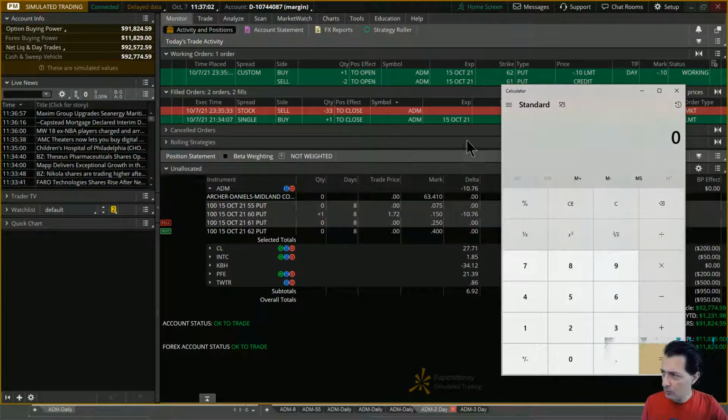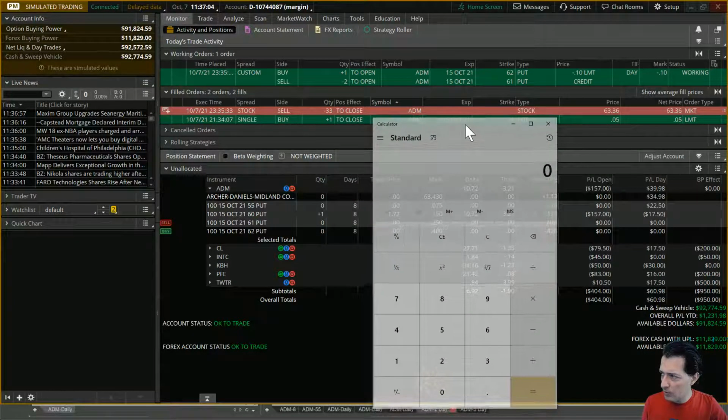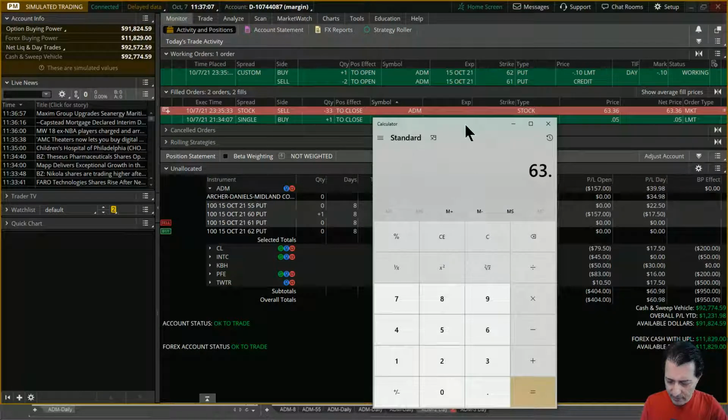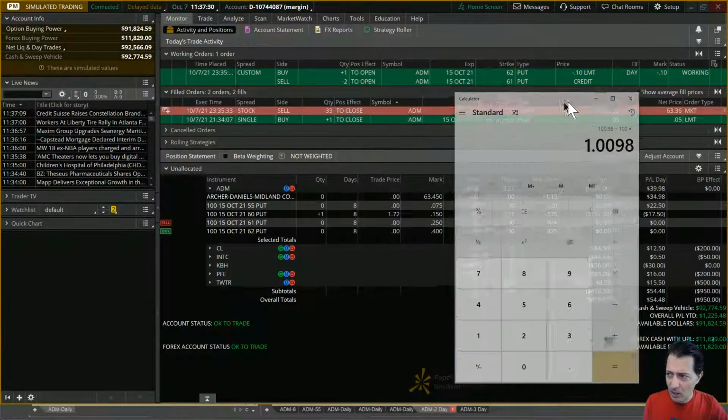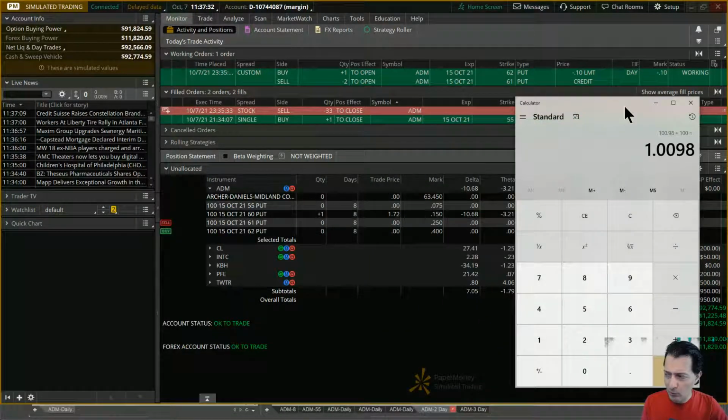Okay, so we sold the stock at 63.36, and that stock was bought at 60.3. So we made 3.03 times 33 shares. That is 100.98. So this divided by 100, that is 1.0098. Okay, this is the equivalent cost that the put was reduced by.